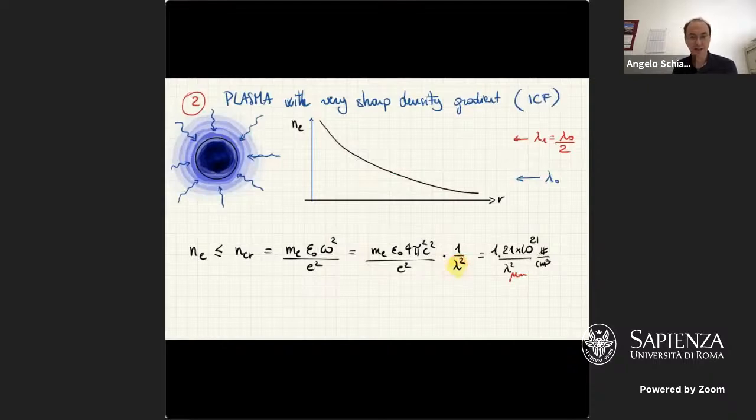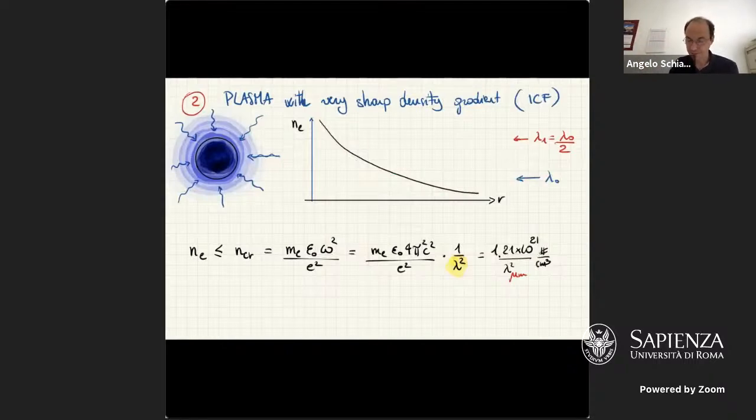So you see that if we decrease the wavelength, if we go to half of the wavelength, then the critical density increases by a factor of 4. So the critical density goes 4 times the original critical density.